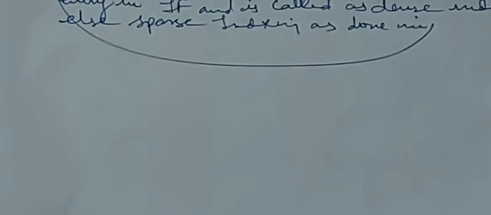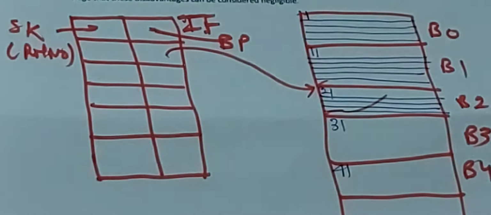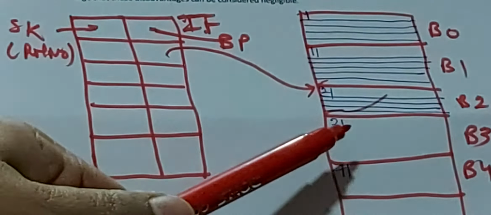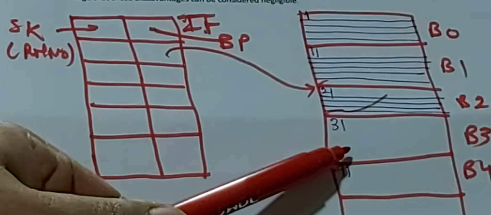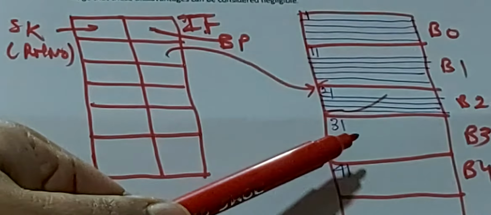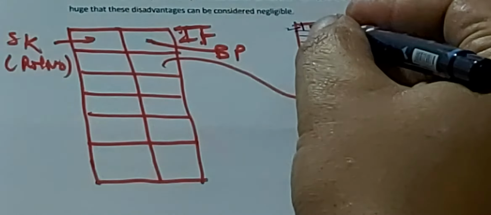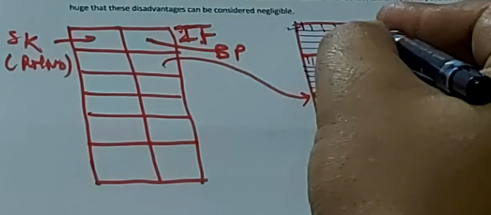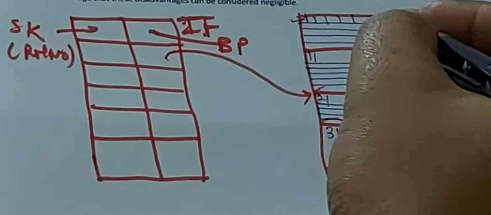let me tell you, if I am having an index file, with the same example, this file is on the secondary disk, and each student record is stored, let's say student record number 1, which has its roll number, name, subject details, guardian details, city address, everything.